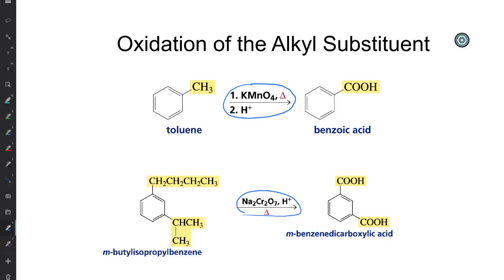And what those result in is the formation of a carboxylic acid anywhere you have a CH type group attached. Now, that means if you have this group attached, it doesn't matter, or this group attached, it doesn't matter. All you get is this. So it cleaves everything off of the side chain and leaves you with a carboxylic acid.